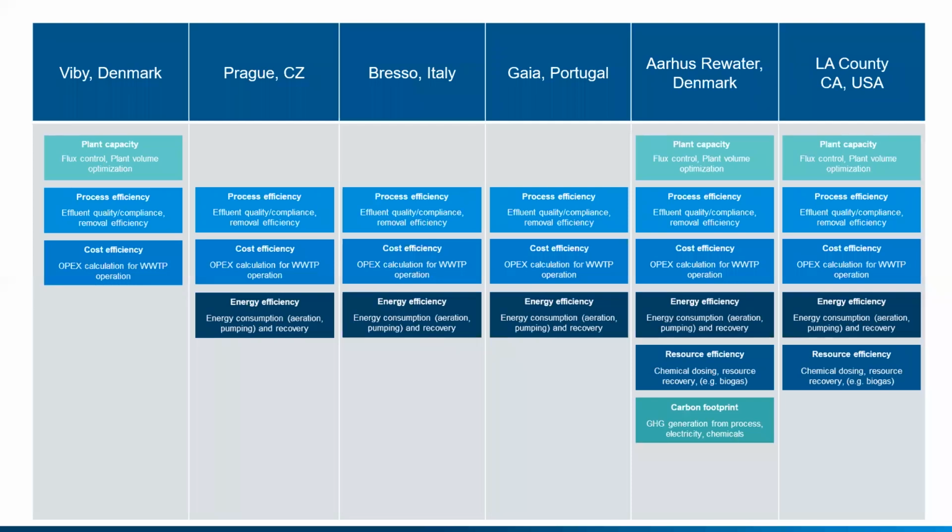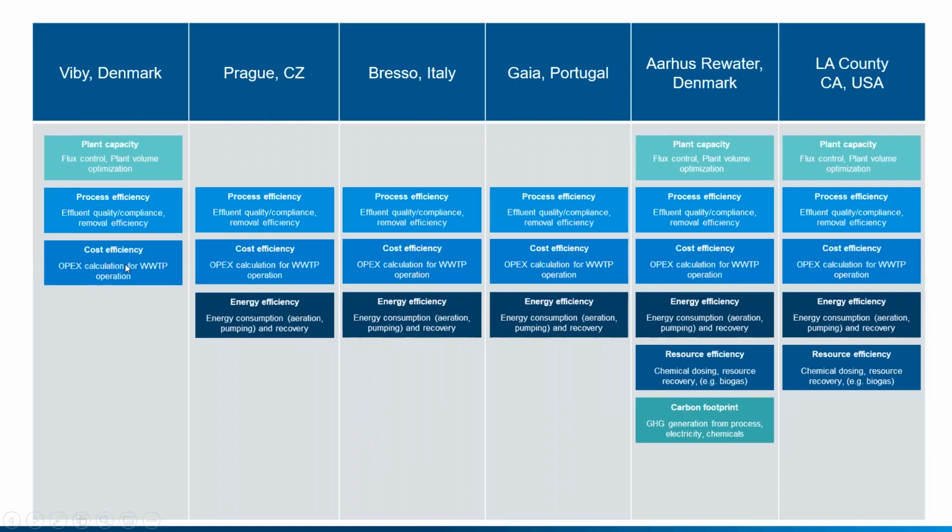We have done a number of implementations around the world, and this is not all of them, but just an overview of some of the smaller implementations and some of the bigger ones. And it shows, I think, that almost all treatment plants have a focus on process efficiency, which is of course important. They want to comply with the standards, and they want to clean the water as best possible. And cost is also always important.